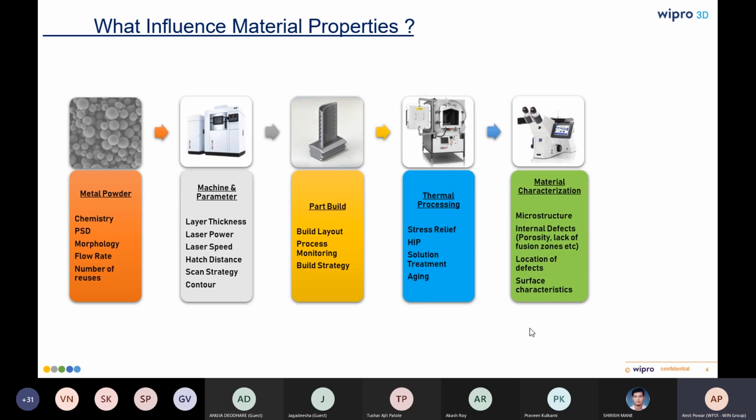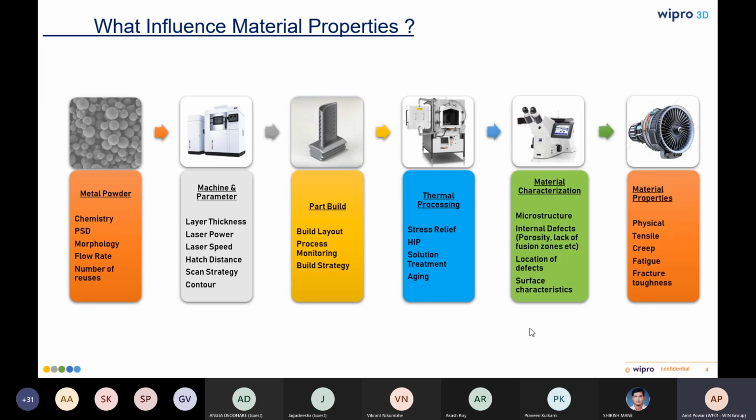Then material characterization like microstructure and internal defects, such as porosities and lack of fusion zones. I'm going to show you some examples of porosities and lack of fusion zones, which are internal defects of additive manufacturing parts. Not only the size of these defects but also their location, and the surface characteristics of the AM part, are very important.